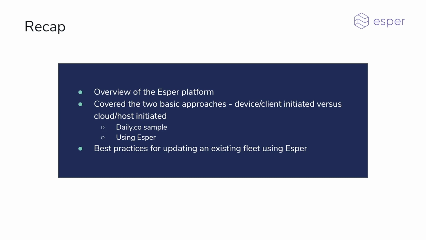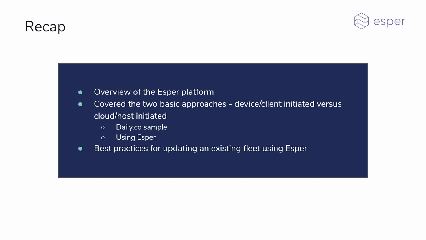And to recap, we looked at the Esper platform. We looked at multiple different ways that you can write a device. And then we showed how it can be incorporated into the solution, as well as some of the key aspects of the Esper platform.